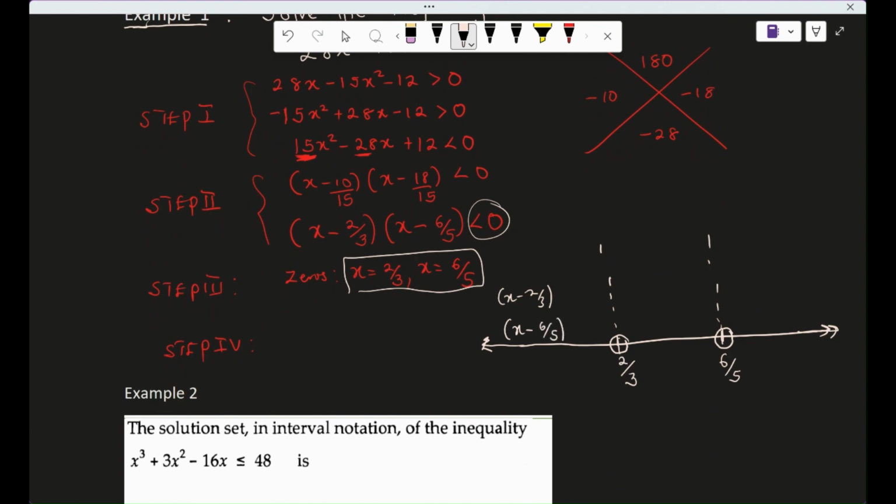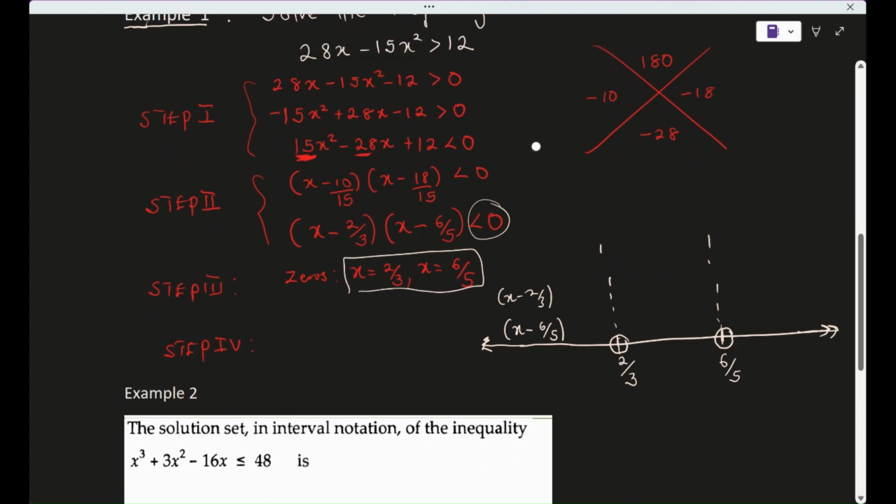Okay, so now we need to do the sign test. How do we do that? Look at this: this is minus infinity to 2 over 3, and this is plus infinity. We take any number, we call them test points.